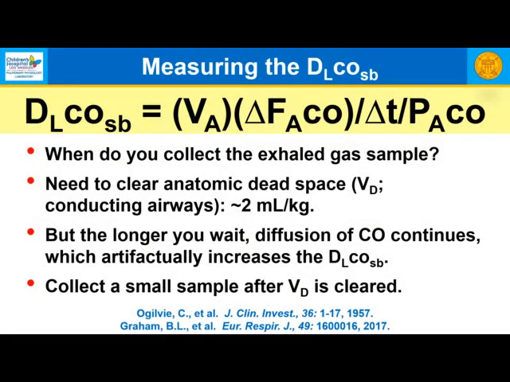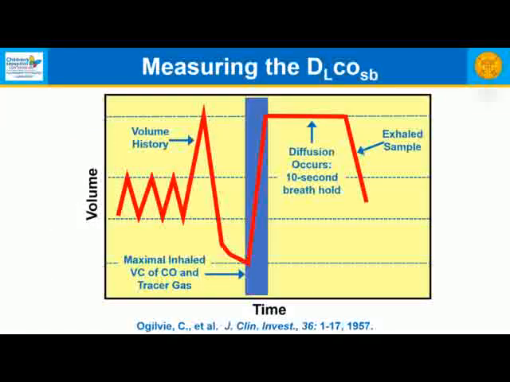But the longer you wait, diffusion of carbon monoxide continues, which artificially increases the diffusing capacity. So you want to collect a small sample after the wasted ventilation or conducting airway volume has been cleared. So here we have this. You want to collect a very small sample here after you've exhaled enough to clear the conducting airways.